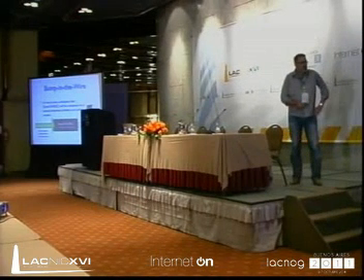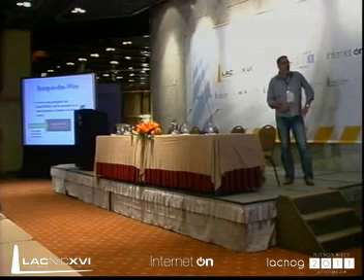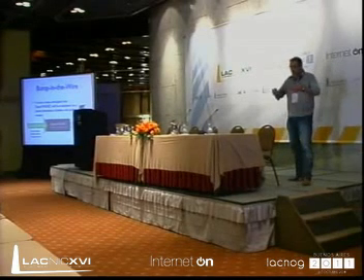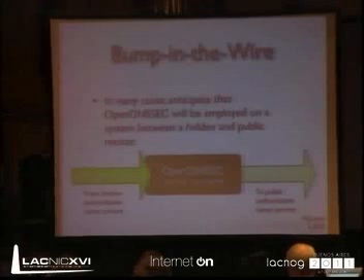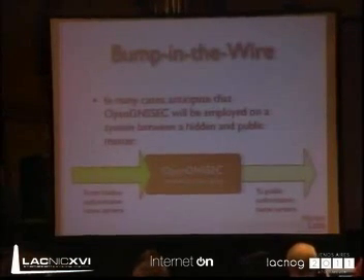So the idea is, we anticipate that it will be employed between a hidden and a public master. In essence, there is usually a master server that pushes out data to the other servers. The idea is that this master server is hidden in the infrastructure.